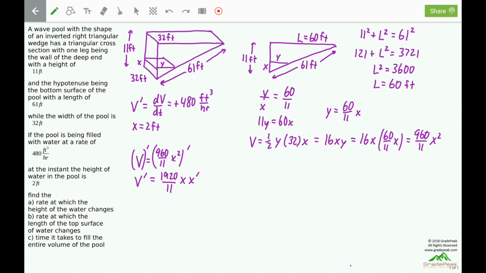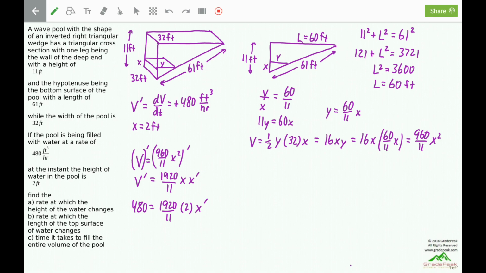We can now plug our numbers in here because v prime is given as 480 equals 1920 over 11 times a 2 times x prime. Now it turns out that 1920 is divisible by 480.